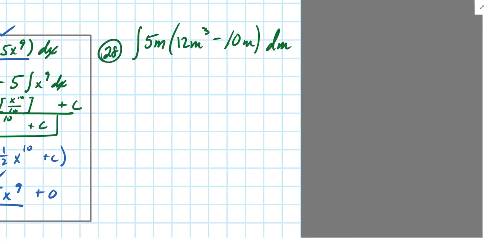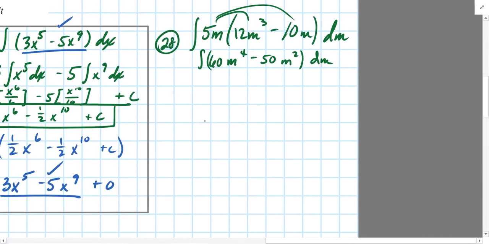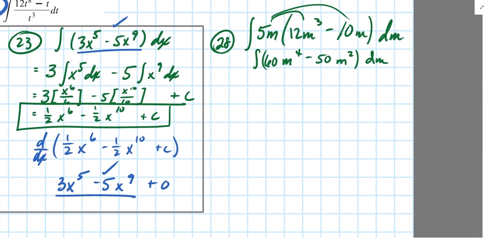We haven't covered them yet in class, and I hope to do so before the end of the semester. But for right now, I think it would be a whole lot easier just to distribute this 5m into both terms. And by doing so, we now have an expression that's almost identical, or at least structurally identical, to a problem in number 23. And so we would approach it much the same way.